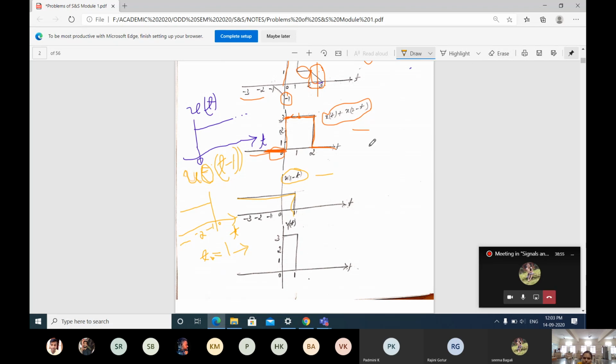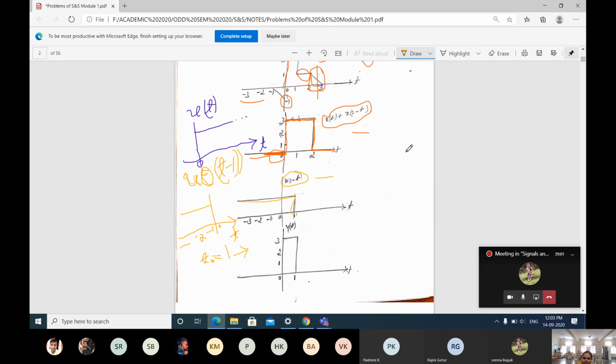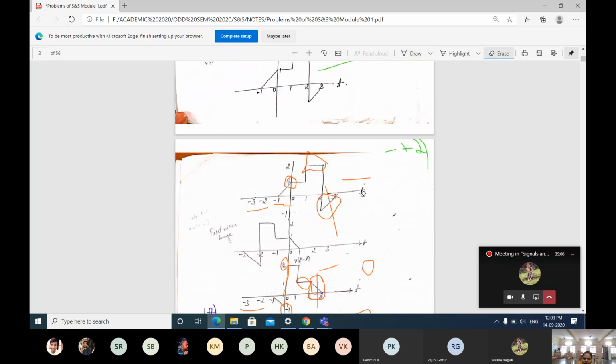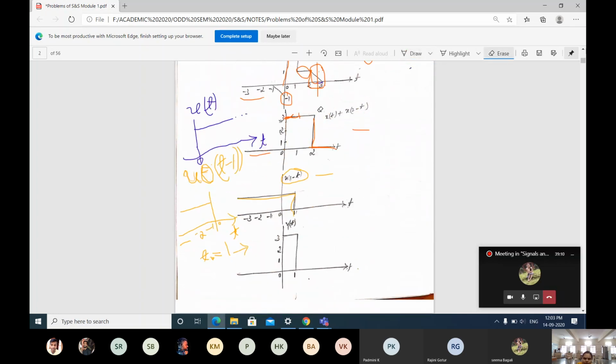Next, what we have to go for? We have to multiply these two signals. Correct? Observe the question. We have to multiply here. I will erase whatever has been done, so it will be easy for you to understand.